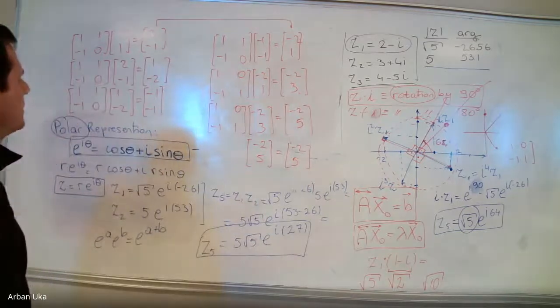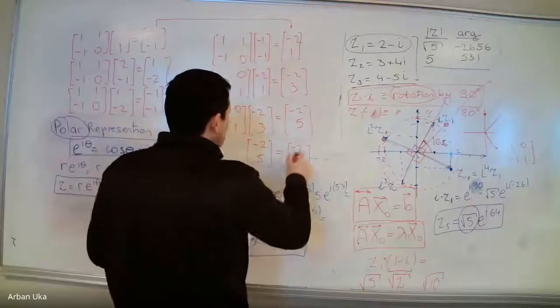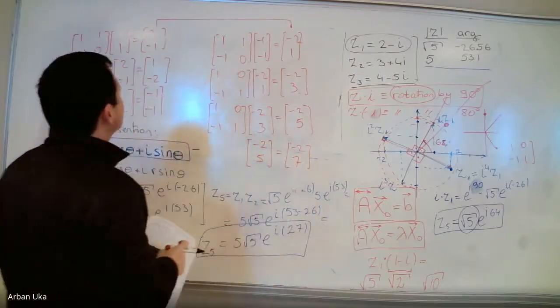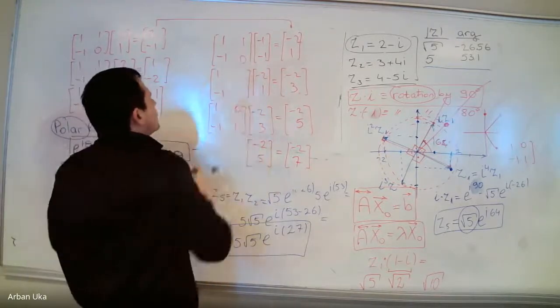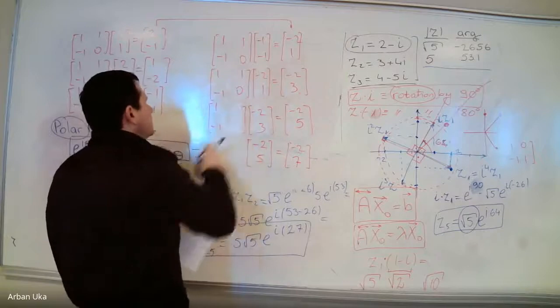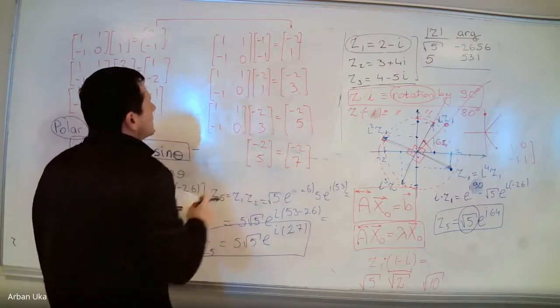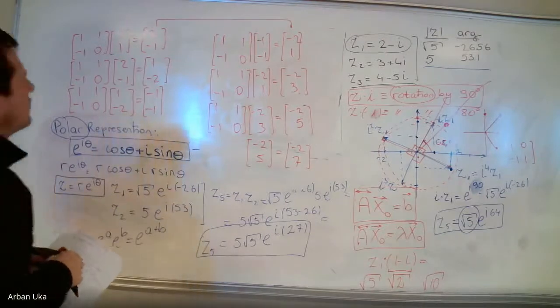Wait a second. -2, 7. Still, we got stuck. No, I made a mistake then. You see, I should use the same matrix here, 1, 0. So you don't correct me, you don't see my mistakes. So I apologize for this, but we will fix it. -2, 1.